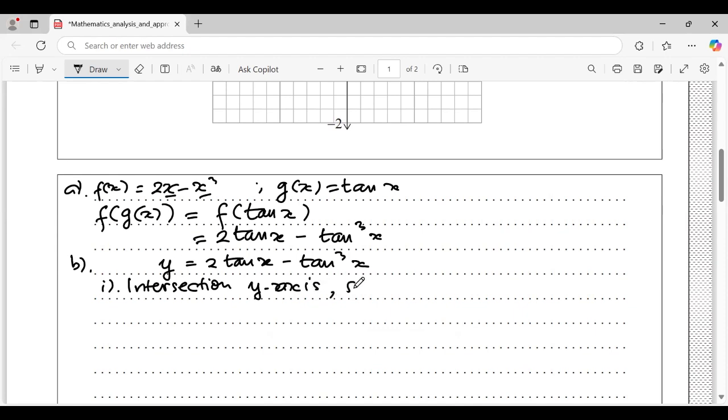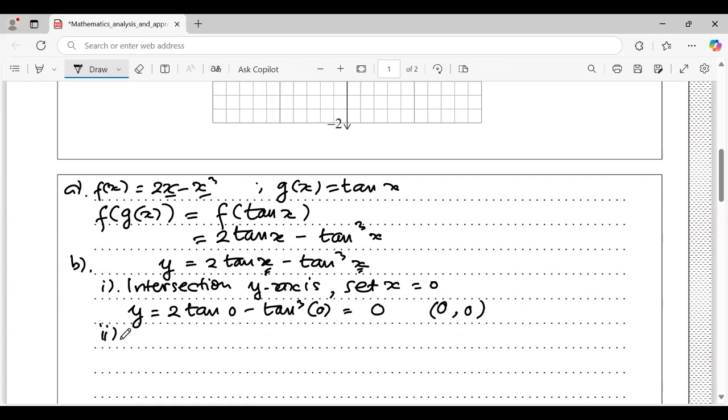So we set x equals 0. Then y equals 2 tangent 0 minus tangent cubed 0, and it is 0 because tangent 0 equals 0. So the coordinate point x, y is 0, 0.